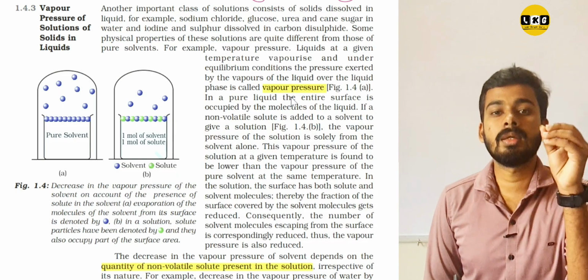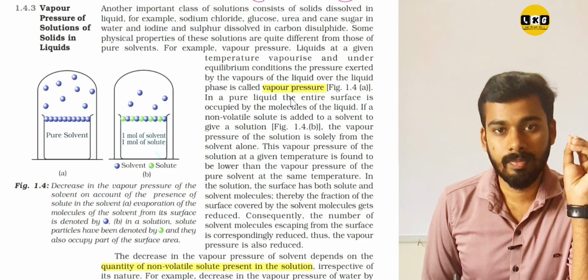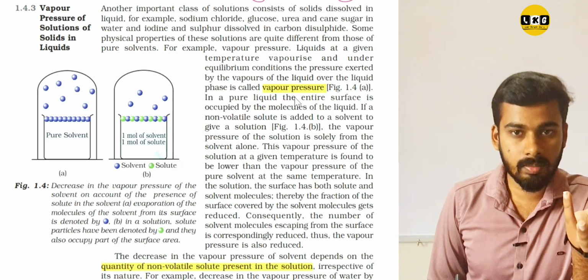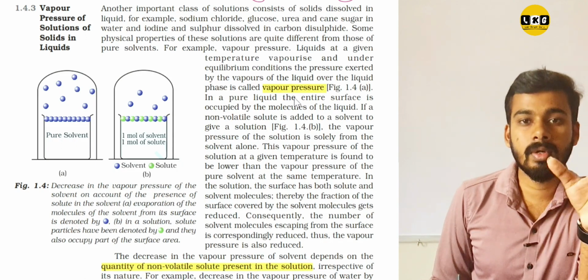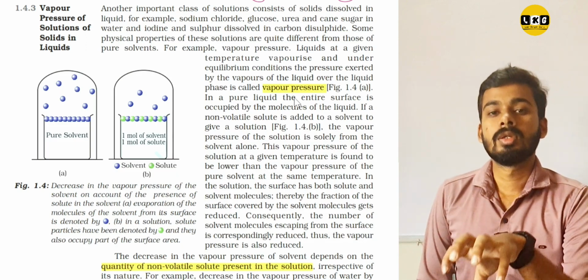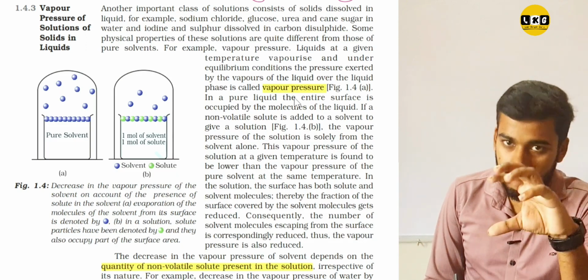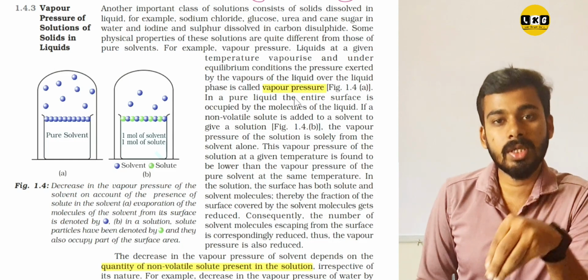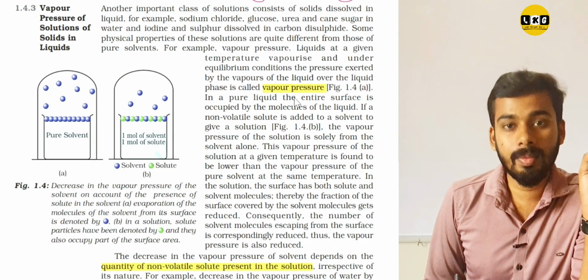Under a given temperature there will be establishment of equilibrium between solution and vapors. Once equilibrium is established between the two, those vapors will exert some pressure, and that pressure is called vapor pressure.